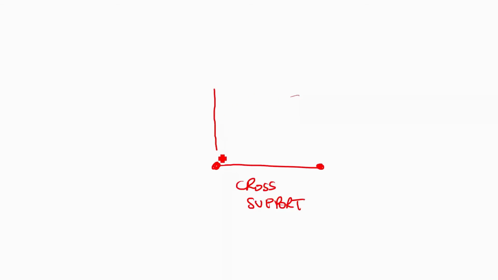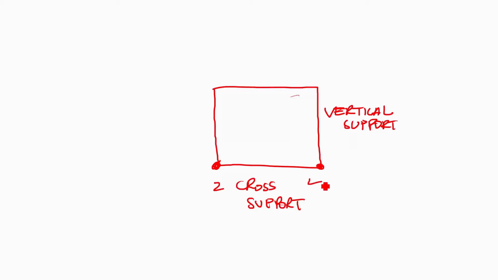But then there was also the vertical support. And that, of course, was 2 and 4. And those tests, so we've gone 2 and 4 there. We've gone 2 and 4 there. We've tested at these corner points.